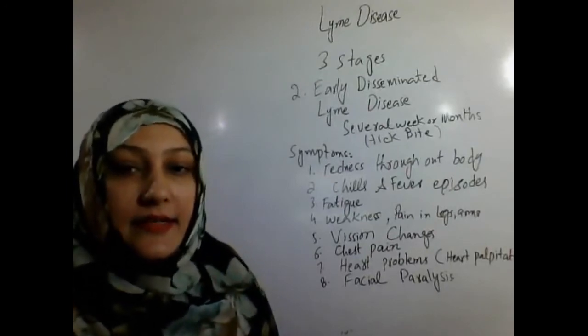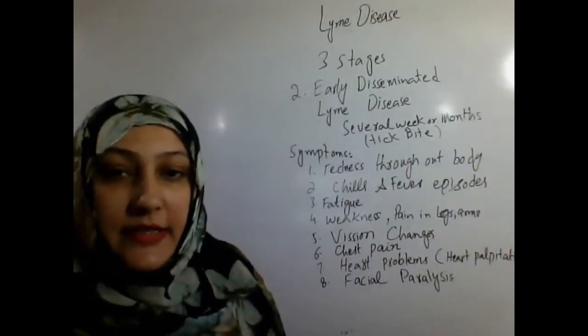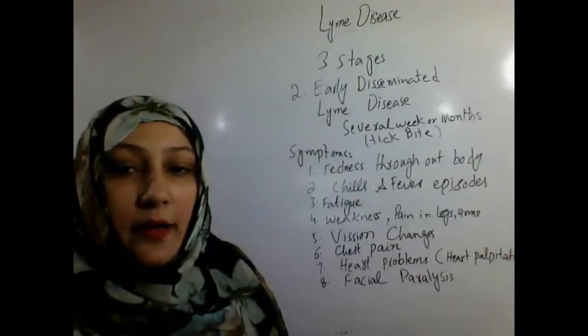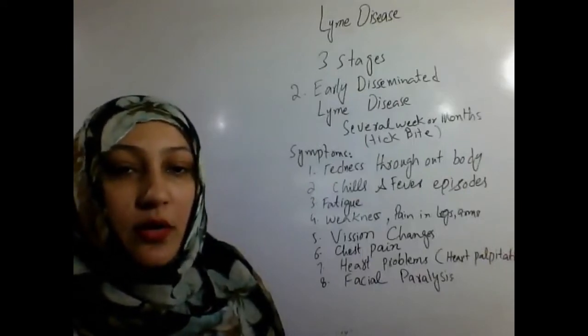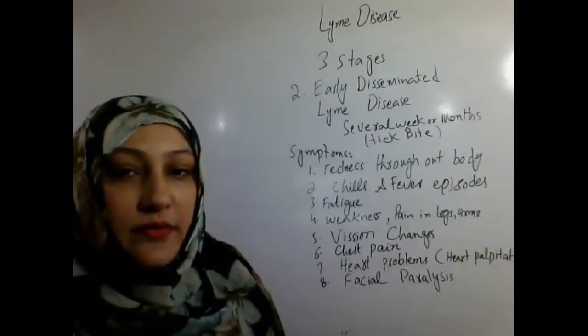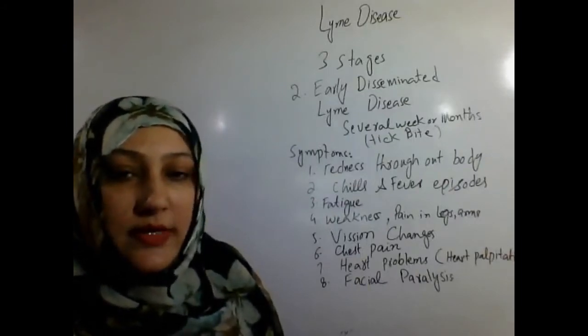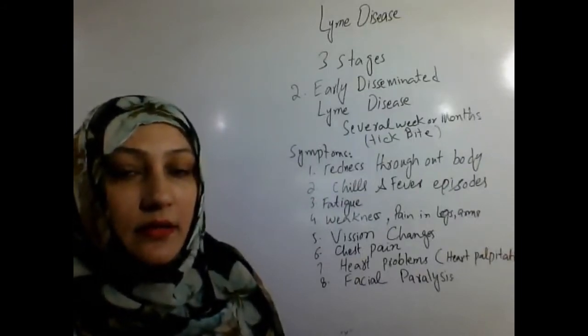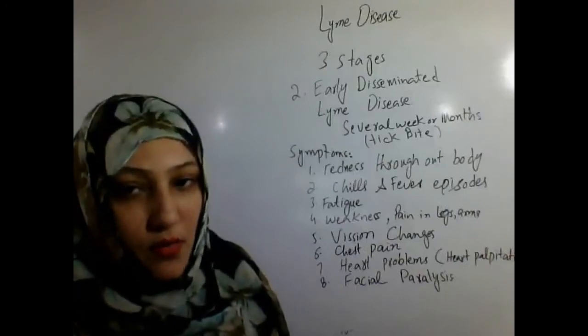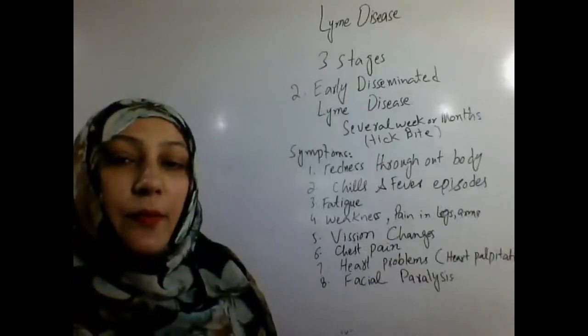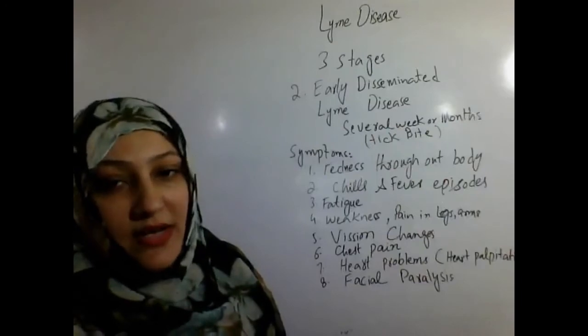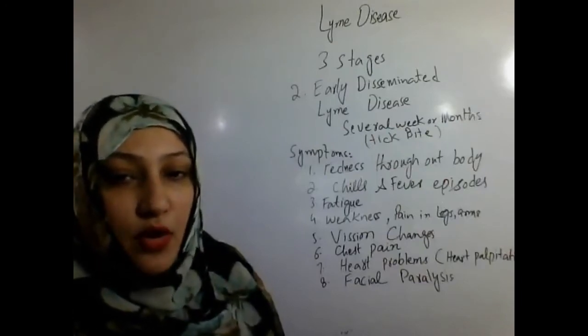In the second stage of Lyme disease, early disseminated Lyme disease, which occurs several weeks or months after the tick bite, the symptoms become more worsened. Redness occurs throughout the body, chills and fever episodes are more frequent, and the patient feels fatigue in the body.